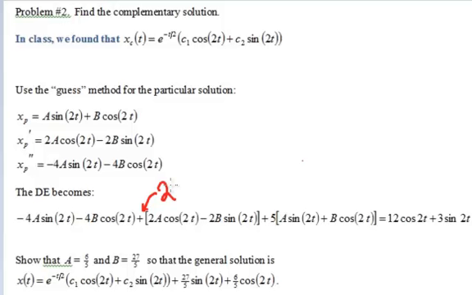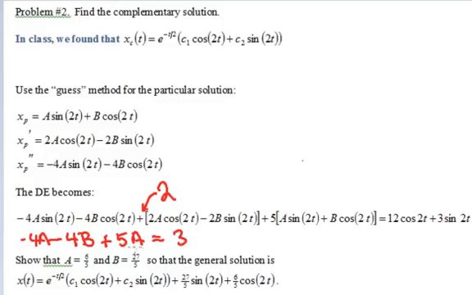And so then if I equate coefficients of sine and cosine, for sine, I get negative 4a, and then I'd have 2 times negative 2b, so minus 4b, and then plus 5 times a, plus 5a, equals, and the coefficient of sine over there is 3.